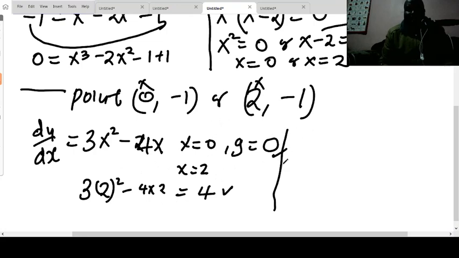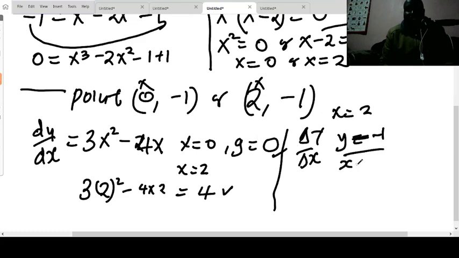Now we have the point, we have the gradient. So we will say the gradient is equal to change in y over change in x. When x is equal to 2, we are going to say y minus the point, minus 1, over x minus 2. We are going to have the gradient, which is 4, right? And you see now you get the gradient, and then we say when x is equal to 0, there you get the equation.